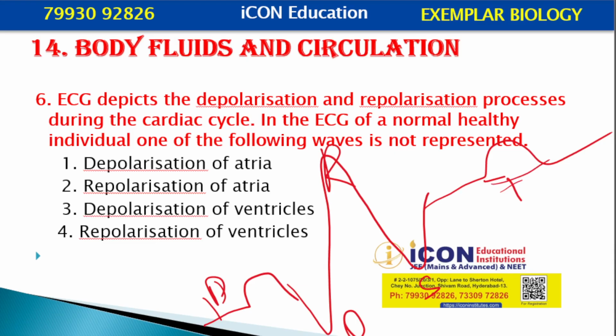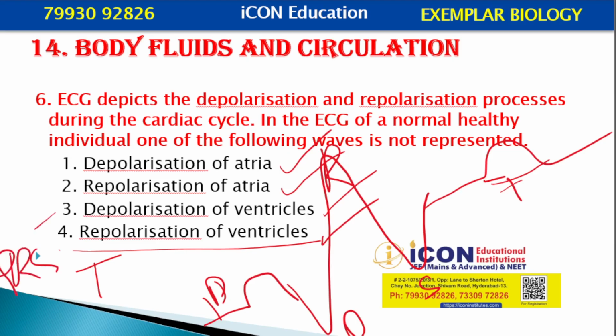Repolarization of ventricle is the T wave, depolarization of ventricle is the QRS complex, and depolarization of atria is the P wave. So which is not there? Repolarization of atria is not represented.